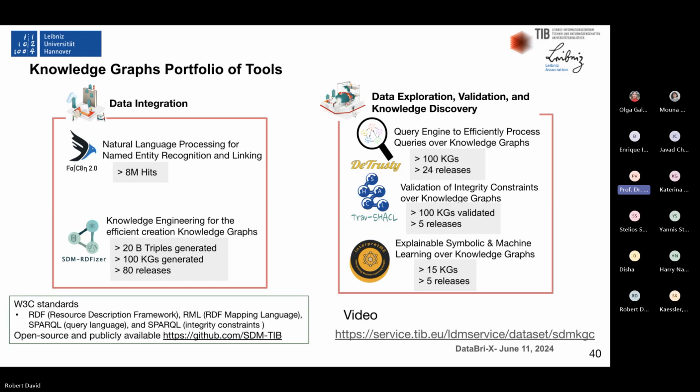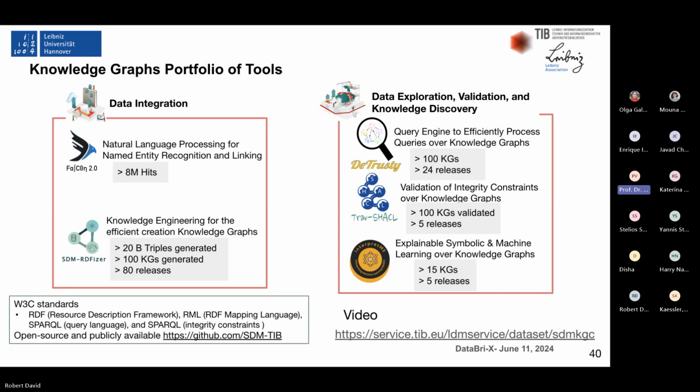We have Trav-SHACL, an engine that is able to execute SHACL constraints over knowledge graphs and also over data integration systems. That means the knowledge graph does not necessarily have to be created in order to execute the SHACL constraints.